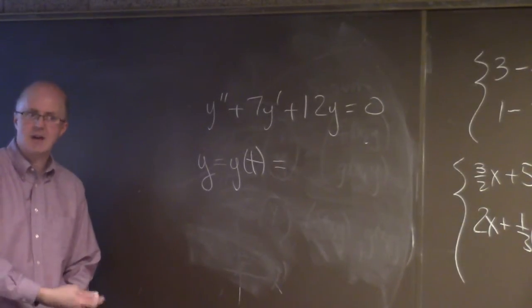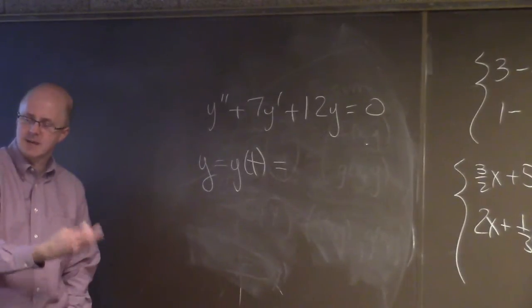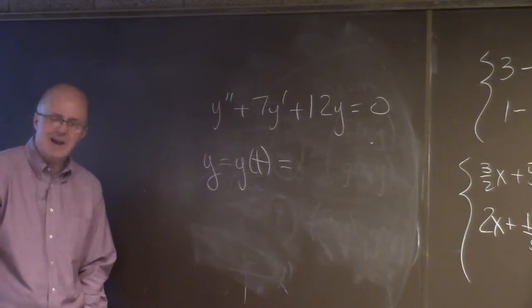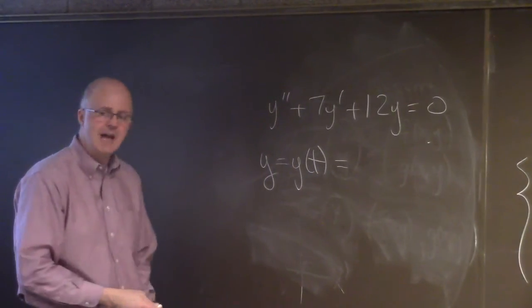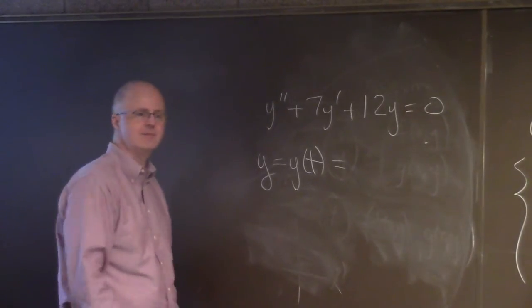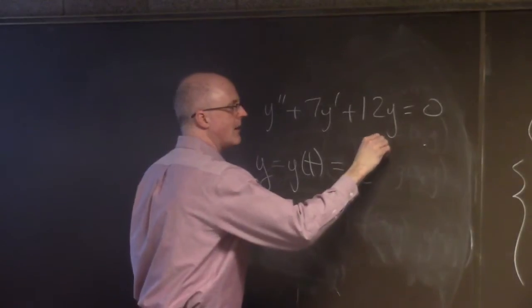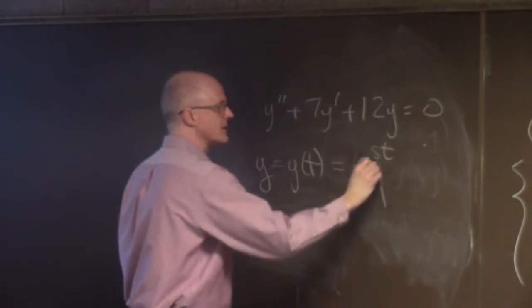If you try a linear combination of cosine of something times t plus sine of something times that same something times t. But it's hard to imagine what to guess here. It turns out it's better to guess e to some coefficient times t, where s is an undetermined coefficient.